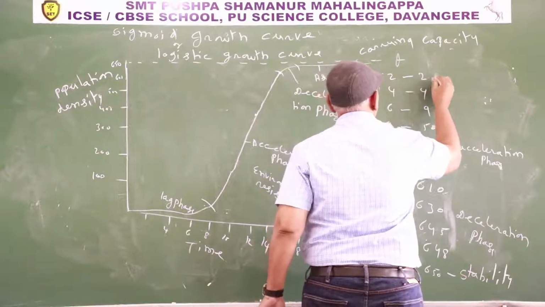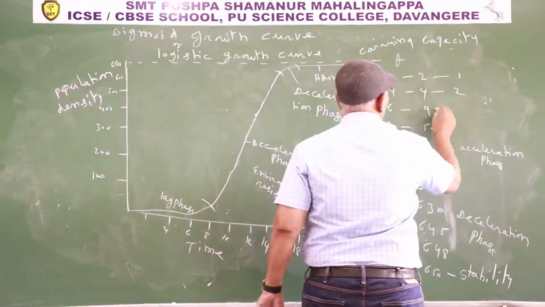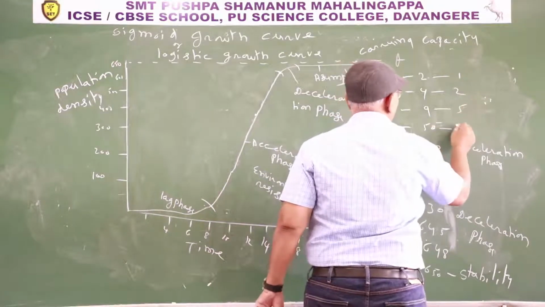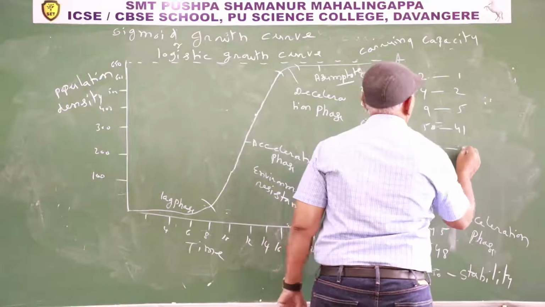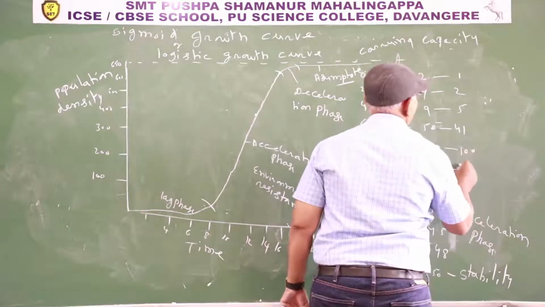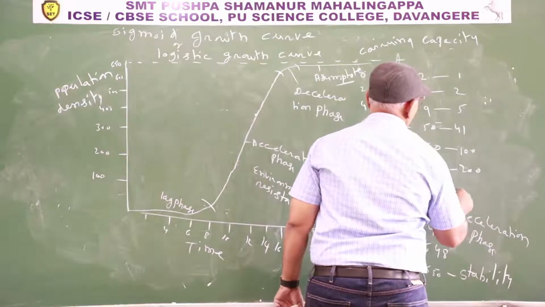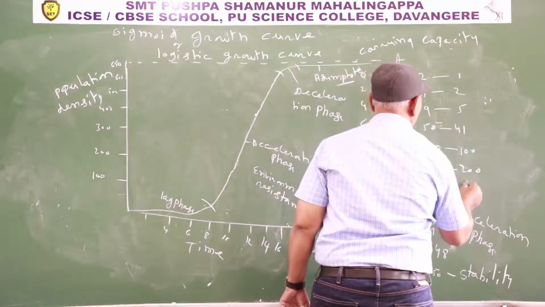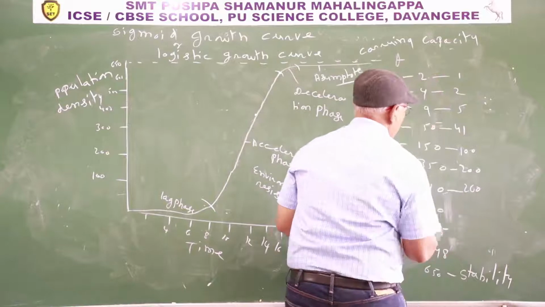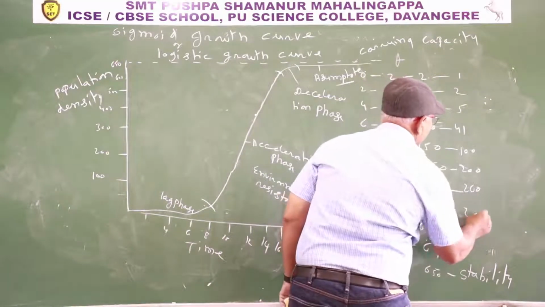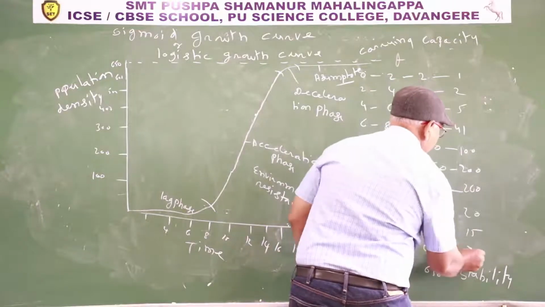Only 1, then new individuals: 2, 5, 41, 100, 200, 260, then 20, 15, 3.